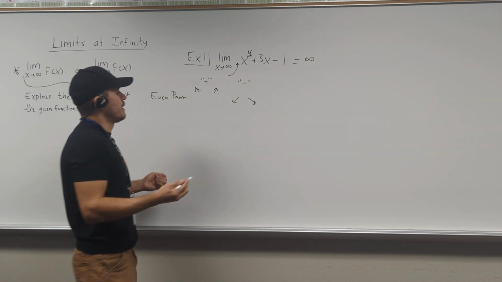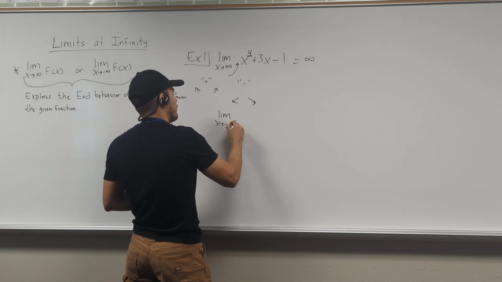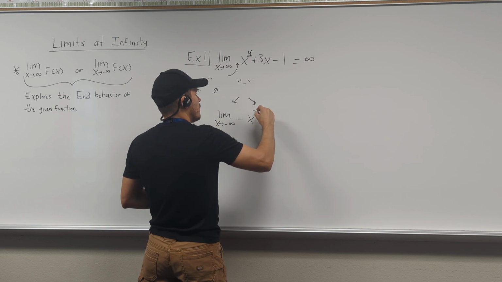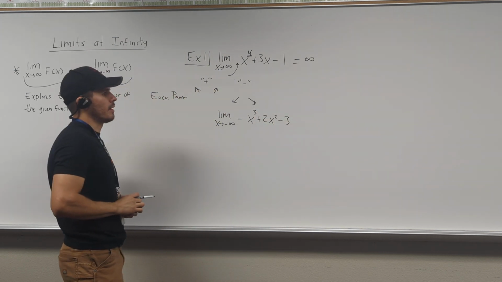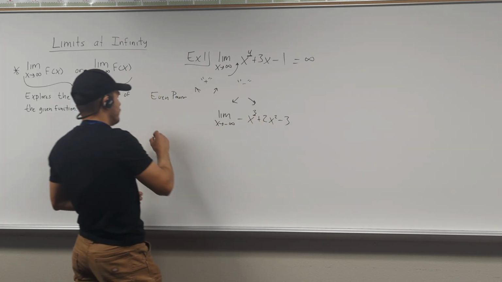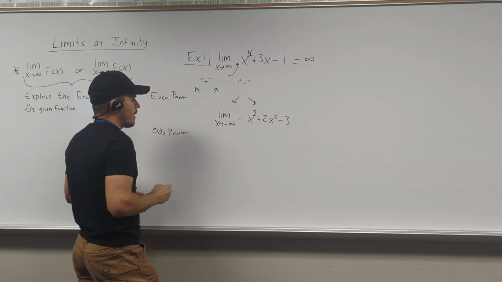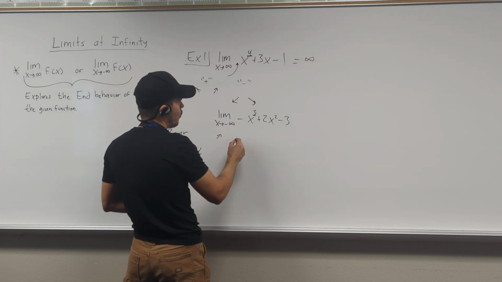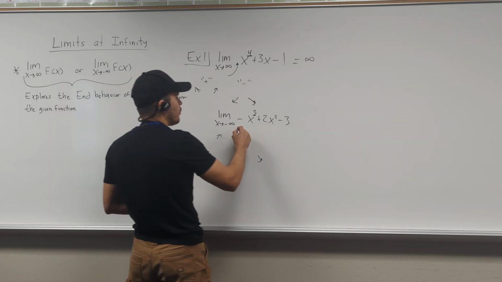Now, let's try another example, where x approaches negative infinity: negative x cubed plus 2x squared minus 3, something like that. This time, you have an odd power. If you had an odd power, it would either be going down and then up, or up and then down, and again it depended on the sign at the front.